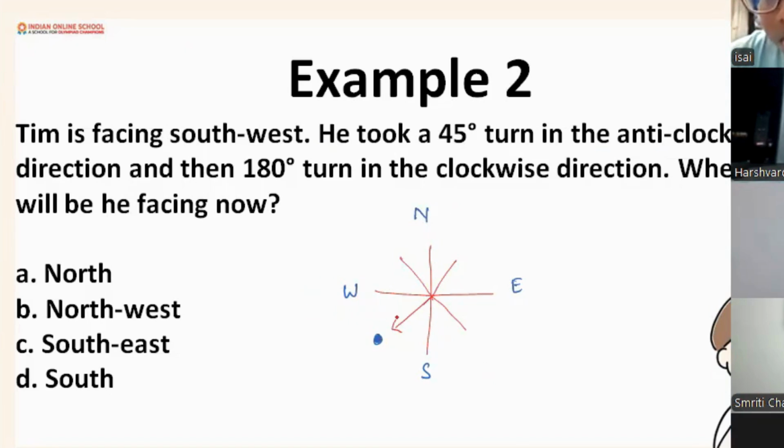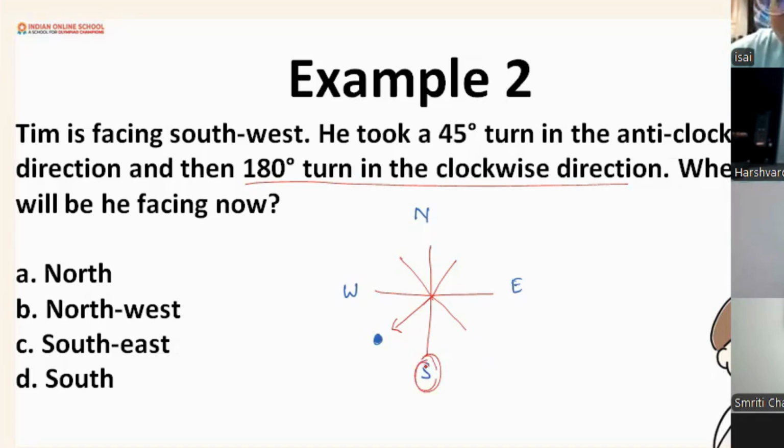South. He needs to face south, correct? Now after that, he took a 180-degree clockwise turn. From south, he needs to take a 180-degree clockwise turn. So where will he be facing?